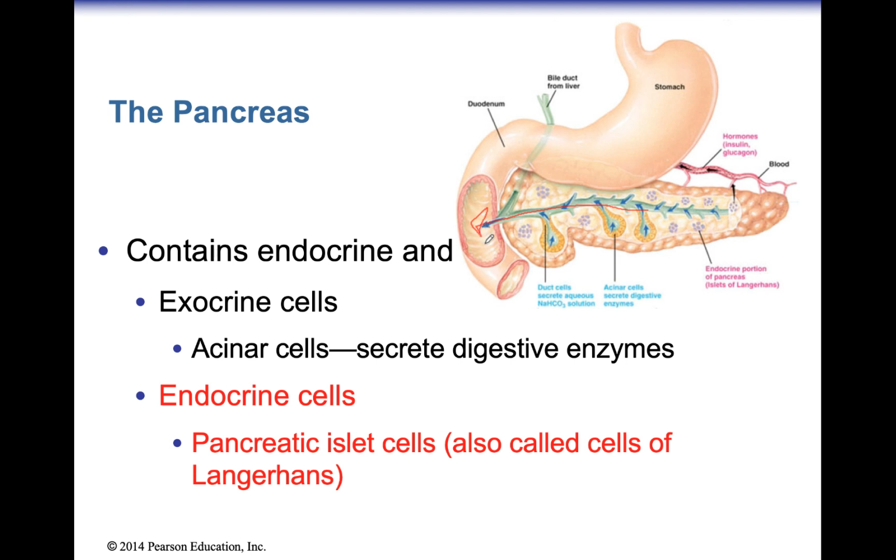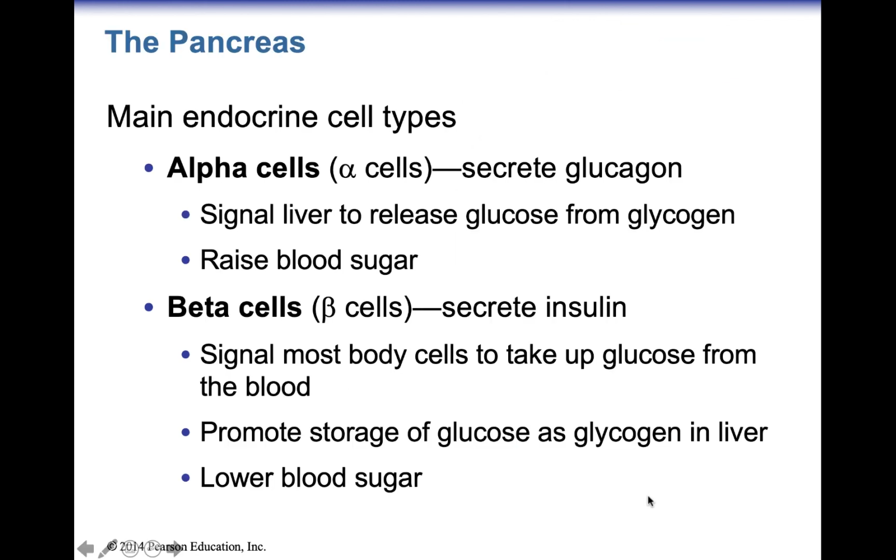The second big function is its endocrine function, and it's carried out by pancreatic islet cells. They're also known as cells of Langerhans. These cells produce two hormones, insulin and glucagon. So what are the functions of these? I'm going to put a star on this slide. This is a great slide to know.